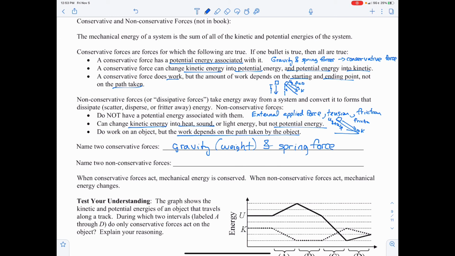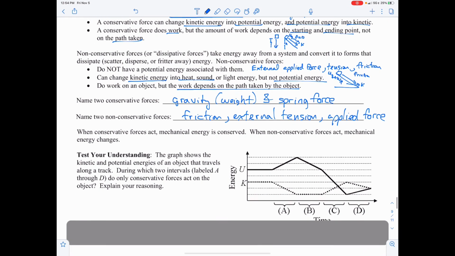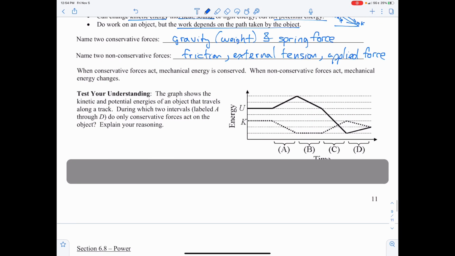And non-conservative forces: friction, external tension, and applied force. Those are all things that are going to increase or decrease mechanical energy. So when conservative forces act, mechanical energy is conserved. When non-conservative forces act, mechanical energy changes.